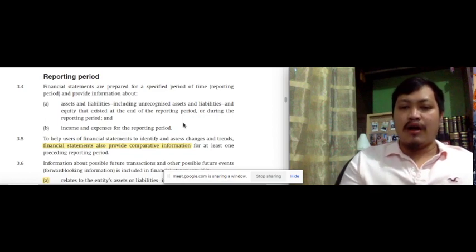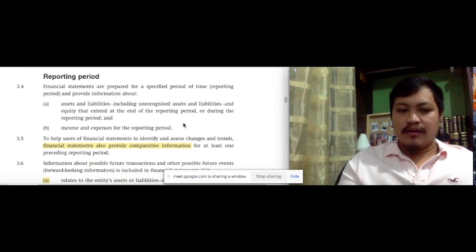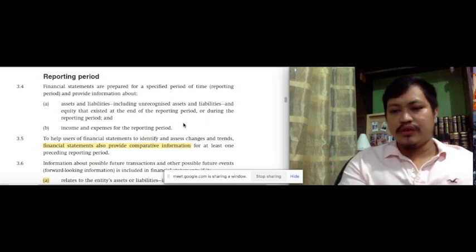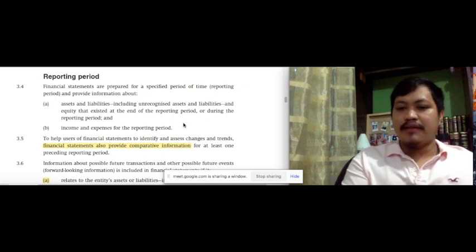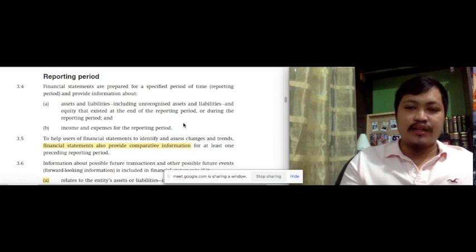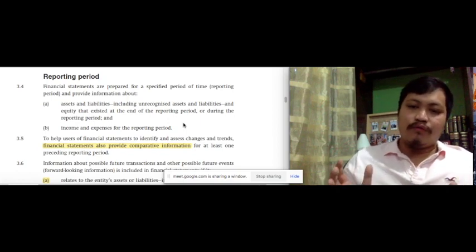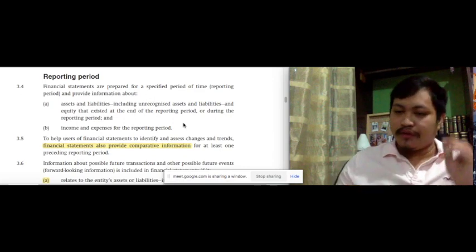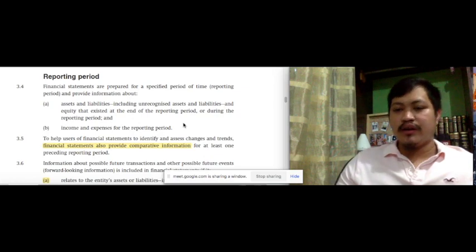Now you might ask, what if there is huge inflation and the currency that we are using becomes highly unstable or volatile? Then you need not worry, class. We have a standard that will be applied for financial statements that are prepared in a hyperinflationary economy.